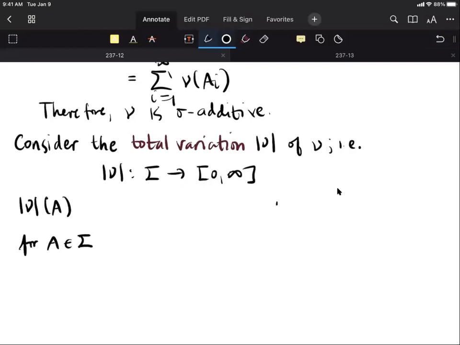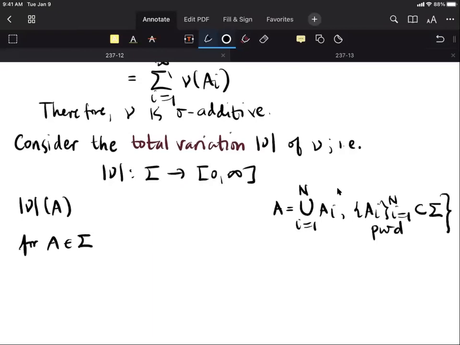So you partition A into a finite union of measurable sets. So here A_i, i from 1 to n, is a subset of sigma, and this is pairwise disjoint. So along with this partition, we now take the sum of the absolute values of the signed measure nu at A sub i. And among all these sums, we take the supremum.